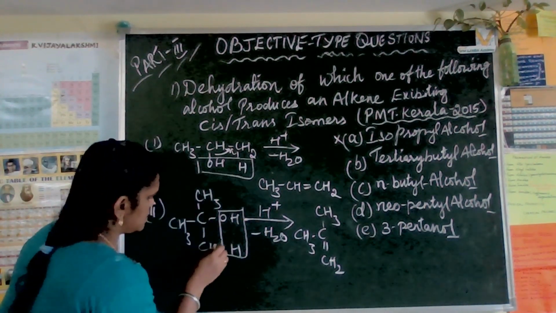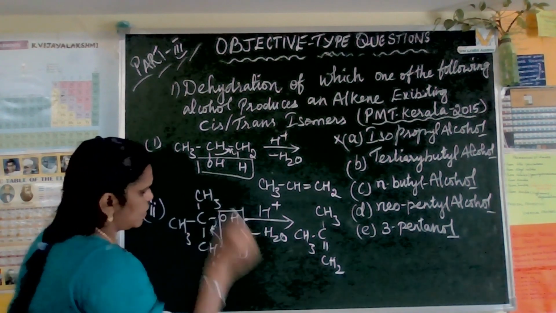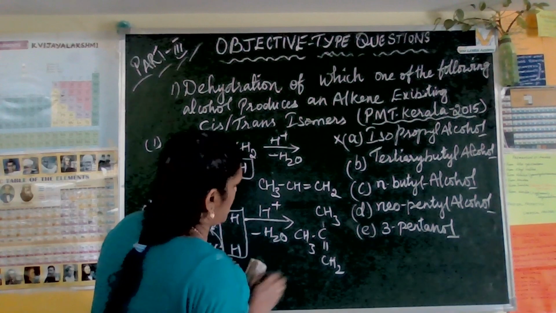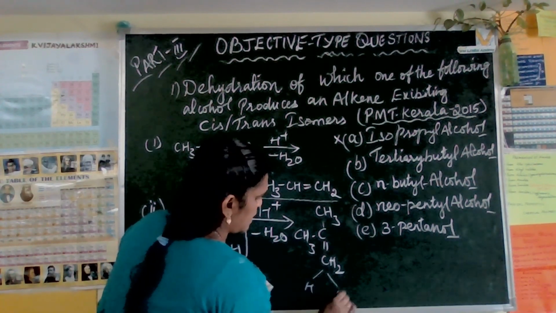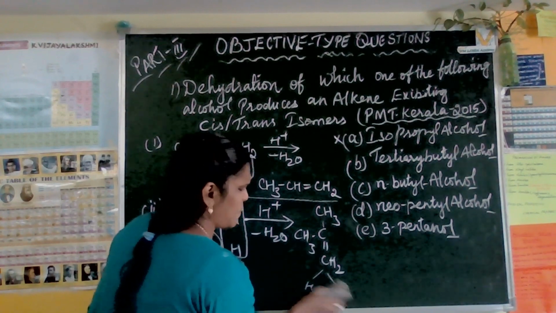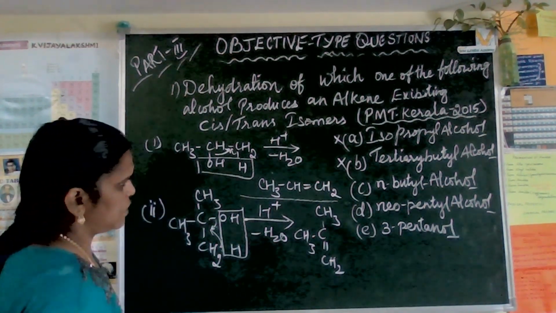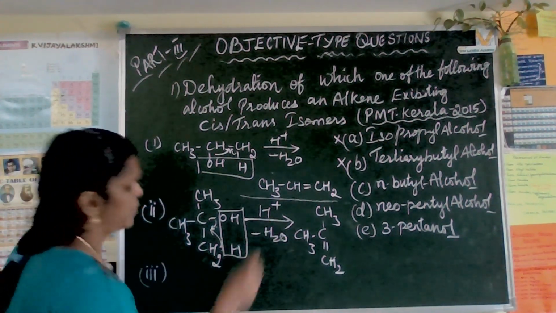Water is released and the double bond forms. Going this way, this is also not possible because on the CH2 side both are hydrogen, the same group. So this is also not the correct option.